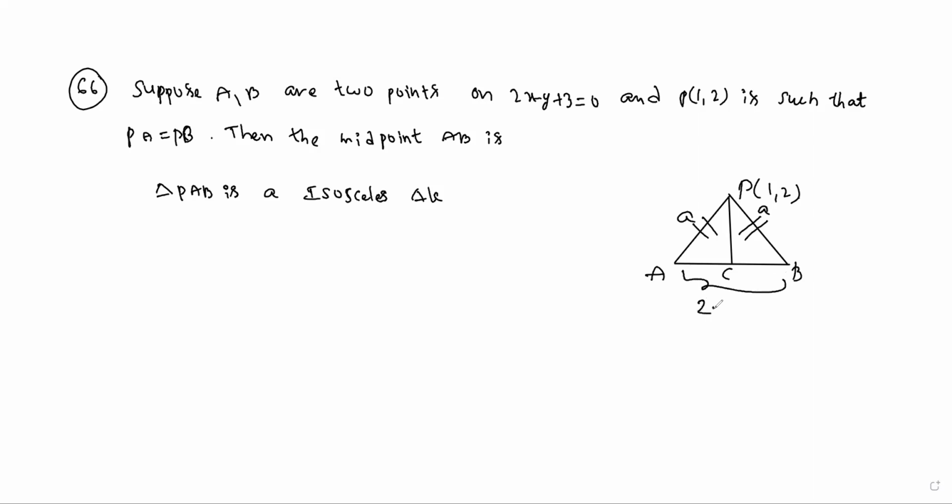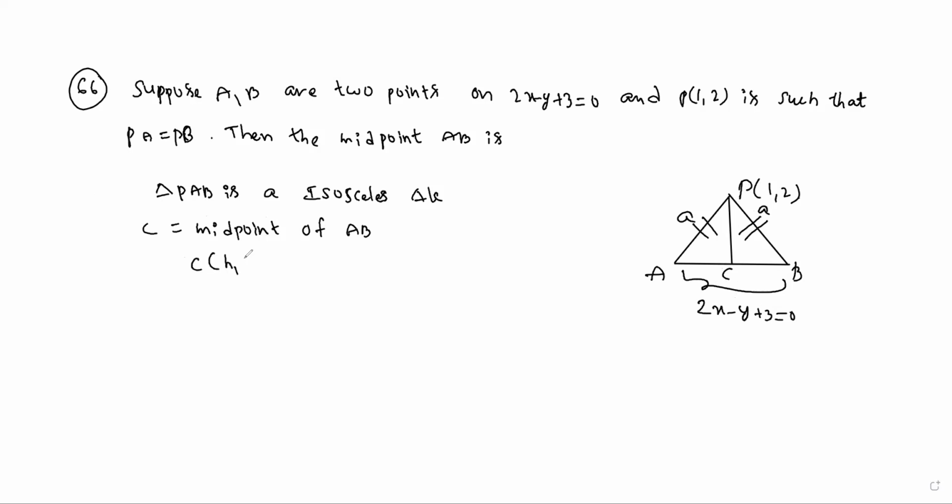What is the line? 2x minus y plus 3 equal to 0. Now we need to find the midpoint of AB. That is nothing but the foot of the perpendicular from P to the line 2x minus y plus 3 equal to 0. Okay. Now here C is the required midpoint, C is nothing but the midpoint of AB.